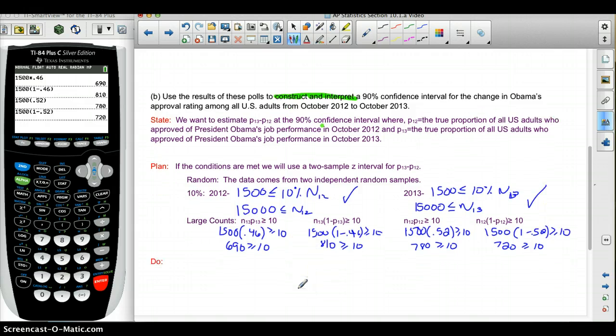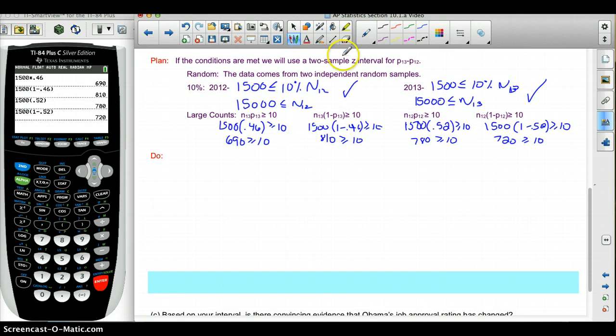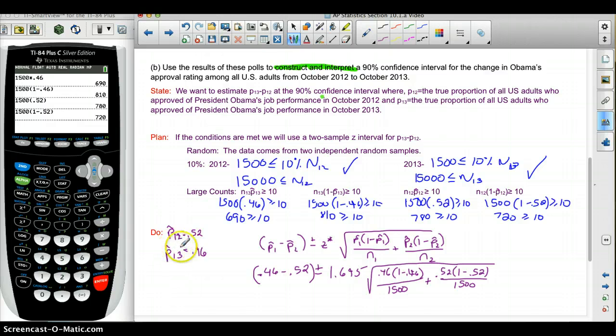So now, since all 3 conditions are met up above, we can go forward with the do piece. Okay, so recall what your p hats were. Remember that the 2012 parameter is 0.52 and the 2013 parameter is 0.46. So we're going to use the statistic plus critical value times standard deviation formula, remember, this is the general formula that you will use.